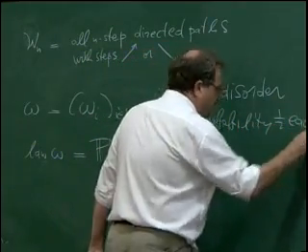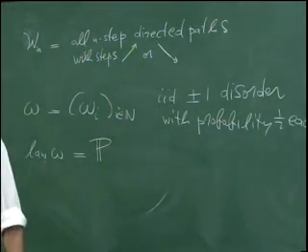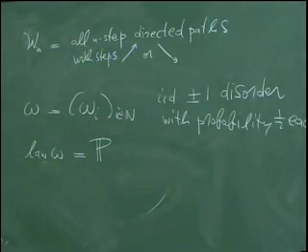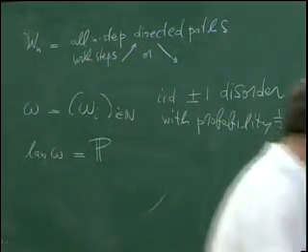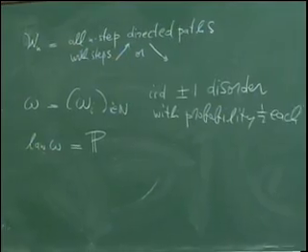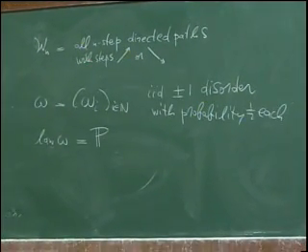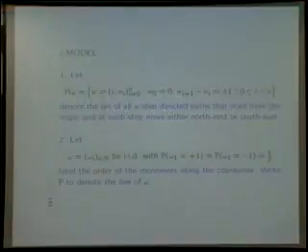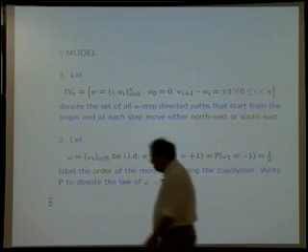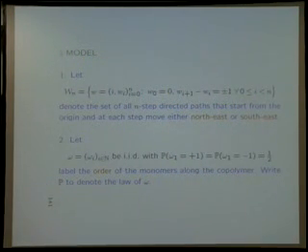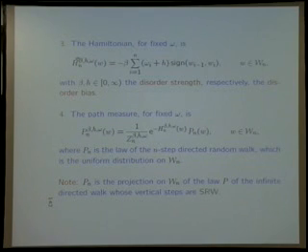So for each monomer, you toss a fair coin to decide whether it's hydrophobic or hydrophilic. Again, you can generalize this by looking at different densities, but I will only comment on that later. Let's stick with the simplest version of the model. So that is simple: all directed paths, and a very simple disorder obtained by tossing a coin.